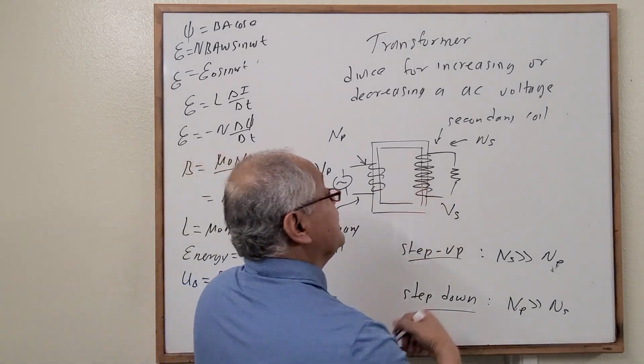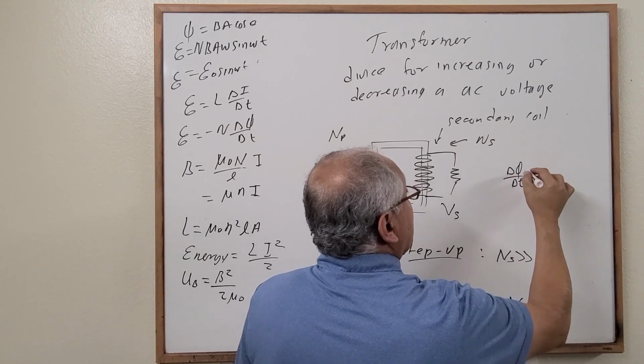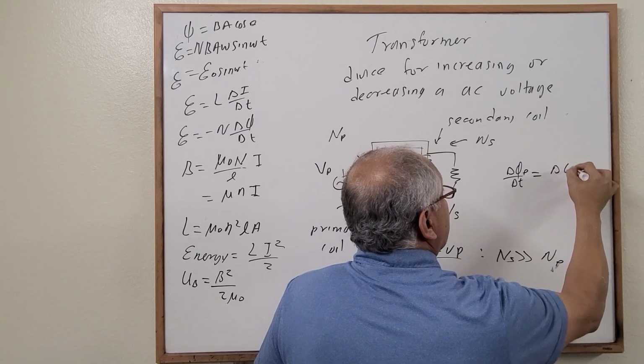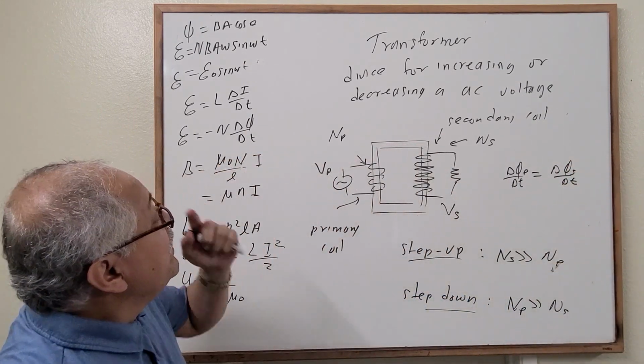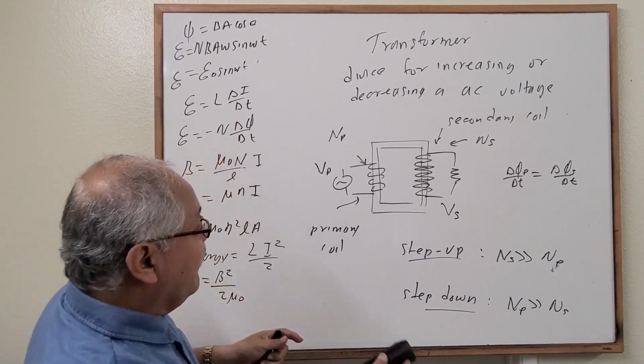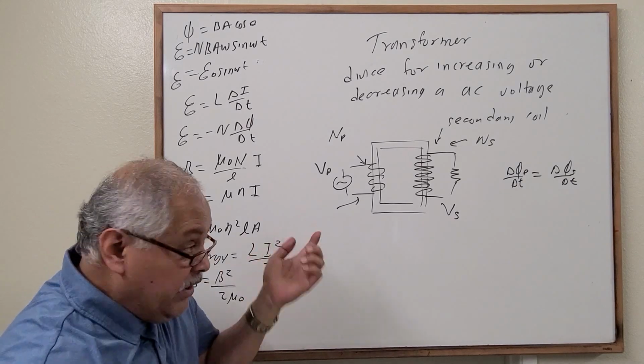That's the condition in this case. This change with respect to time in the primary is equal to this change with respect to time in the secondary coil. When that happens, and we use Faraday's law, we create this equation, this formula.